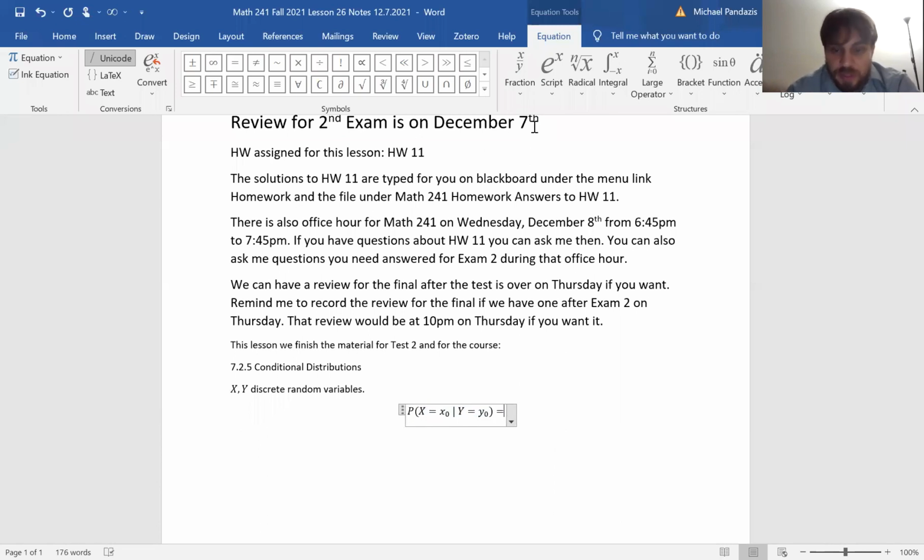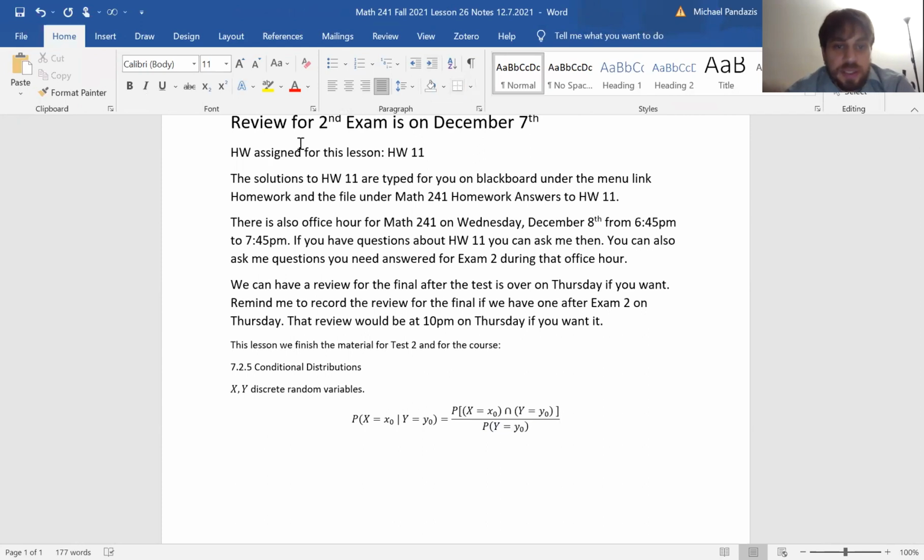is equal to this probability. So it's the probability that X is equal to x naught, and Y is equal to y naught, divided by the probability that Y is equal to y naught.